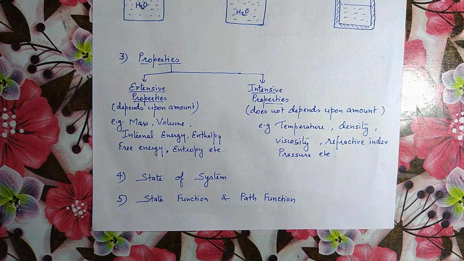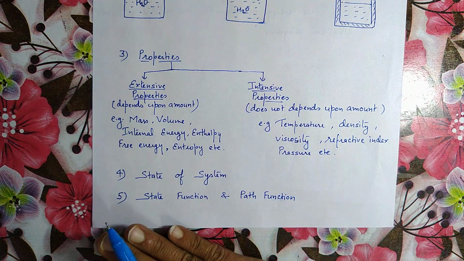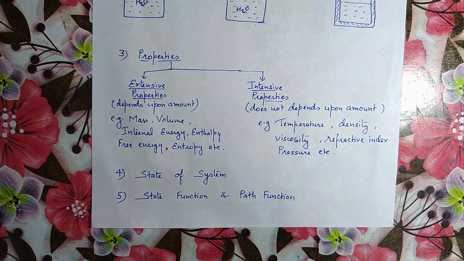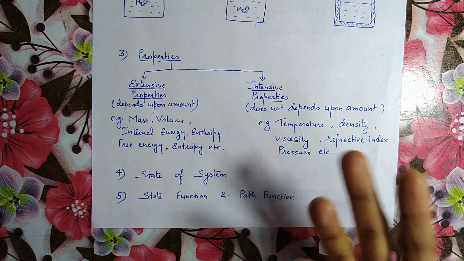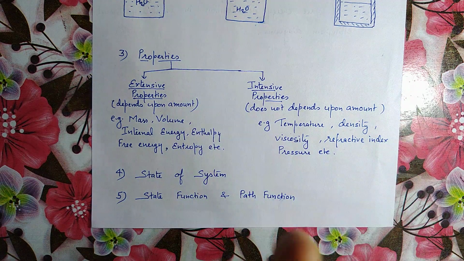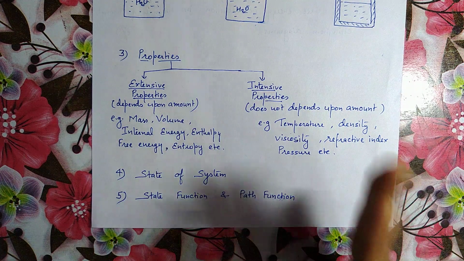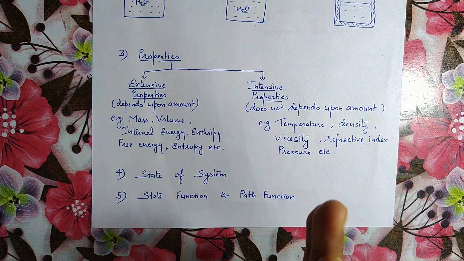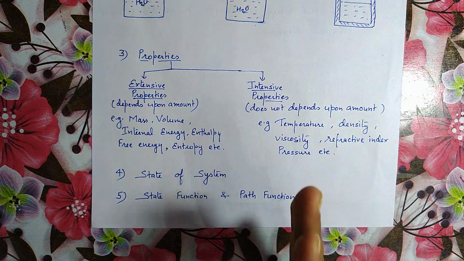They depend upon the initial state and final state, not on the path. For example, entropy, potential energy, enthalpy, internal energy, these are state functions. It means they depend on the state only, that is the final state and initial state.